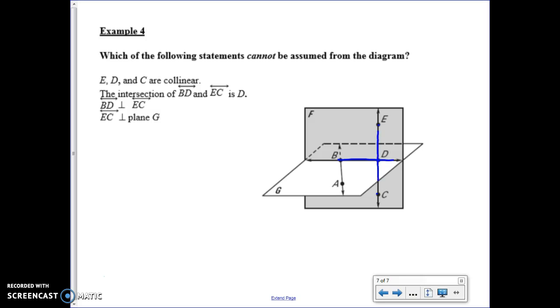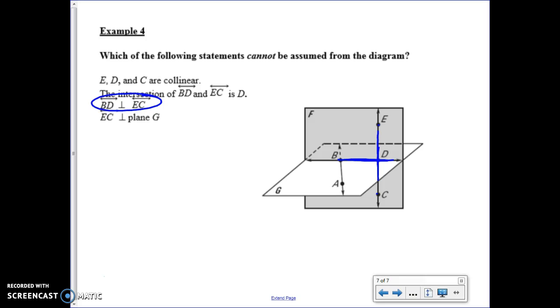Looks like they intersect at point D. BD is perpendicular to EC. There's nothing here telling me that line BD and line EC are perpendicular to each other. So we can't assume that one.